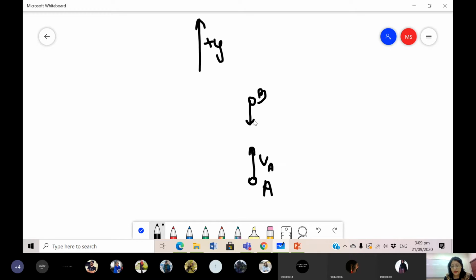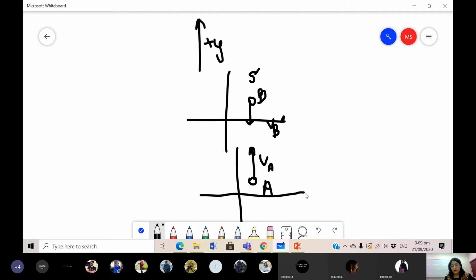And this is thrown downwards with the velocity VB dash. Why am I calling it VB dash? Because B is in frame S dash. We're observing B from frame S dash, but A we're observing from frame S.